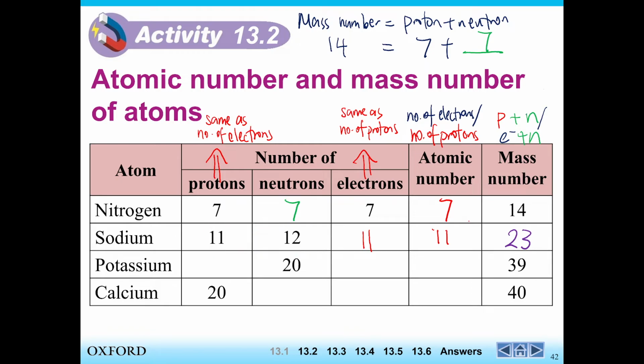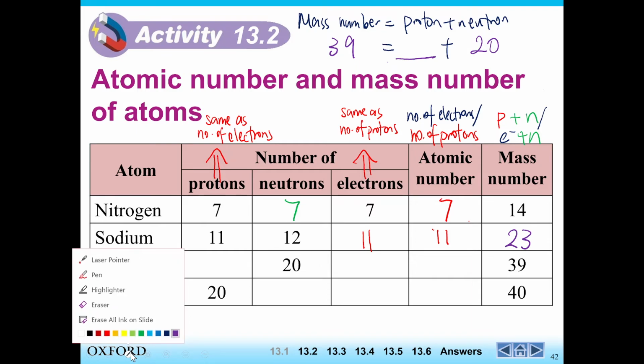Okay, now let's do potassium up here. For potassium, you're given the neutron and the mass number is 39. So mass number is equal to the protons plus neutron. Let's come up here to the top and use this equation to find the number of protons. The mass number we're given is 39 for potassium, and the number of neutrons given is 20. So what is the number of protons then?